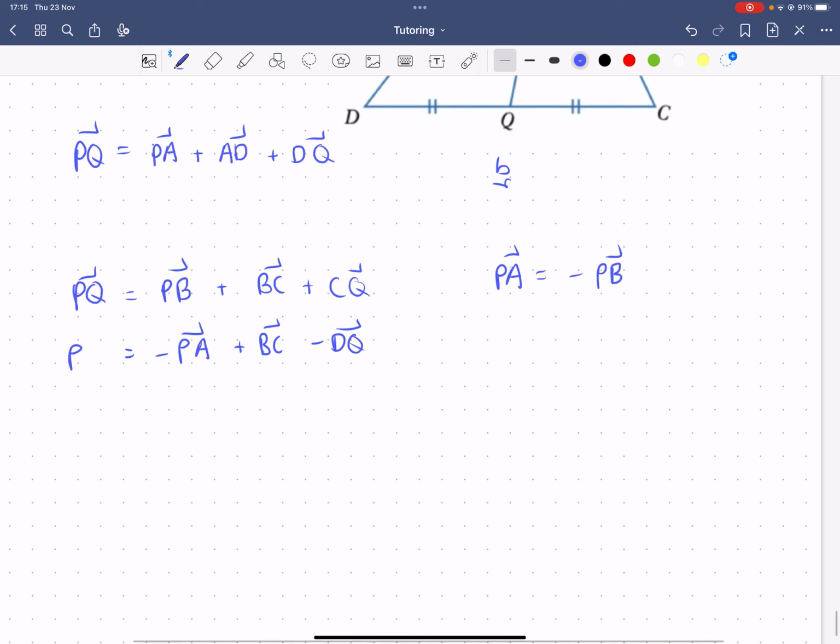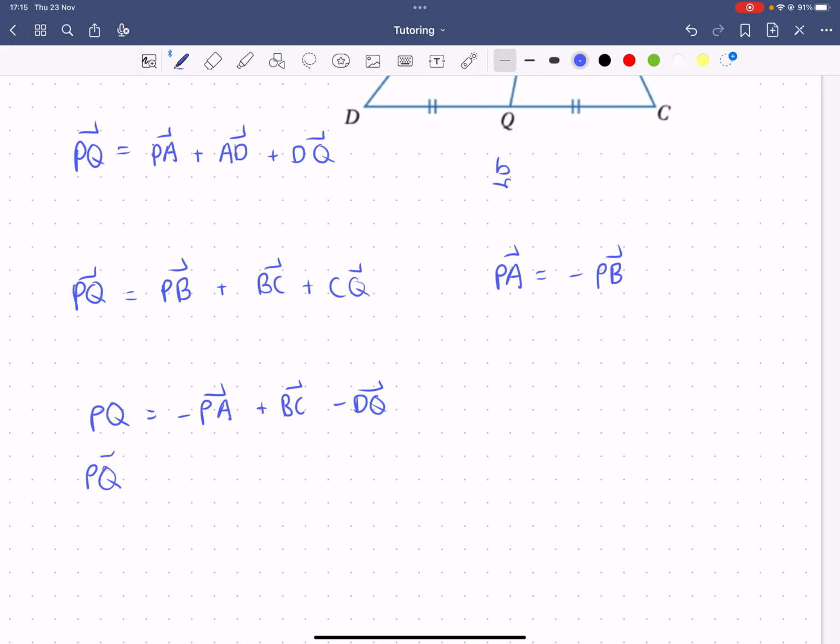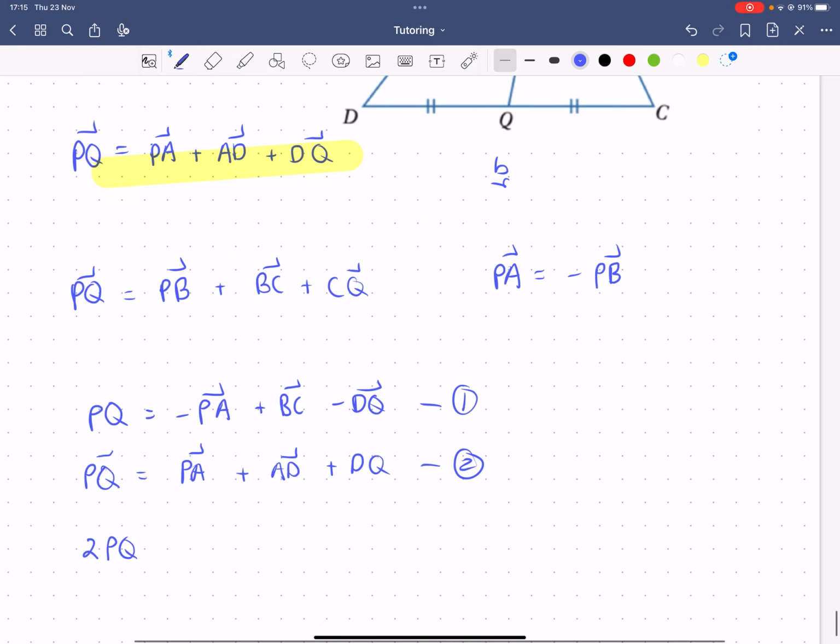So now I've got one expression for PQ and another expression for PQ. The first is PA plus AD plus DQ. If I call this equation 1 and the other equation 2 and add them, I get 2PQ equals, the PAs cancel, AD plus BC, and the DQs cancel. So we've proven the identity that was required. Amazing.